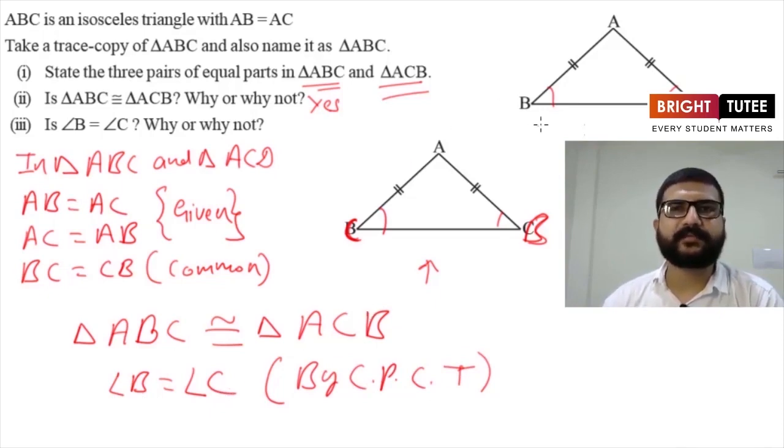Now see here, observe carefully what we have proved here. We had one triangle ABC which was an isosceles triangle with AB equal to AC, and we have seen that the base angles are equal. That is, angle B is equal to angle C. These are known as base angles.